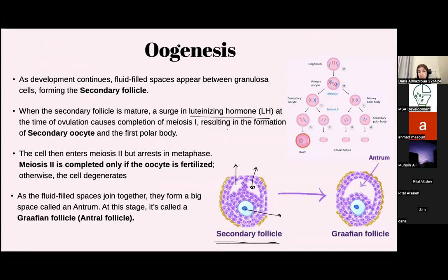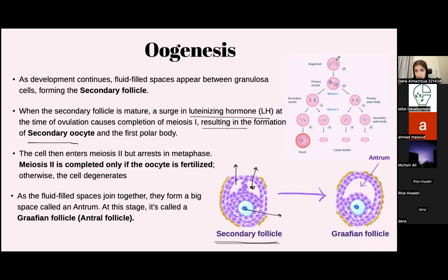This surge in LH at every menstrual cycle causes the completion of meiosis I. It removes the inhibition, so it's no longer stuck at prophase I. It continues the first meiotic division, and now we would have the secondary oocyte. Now the cells enter meiosis II, but are arrested in metaphase II, basically in metaphase of the second meiotic division.